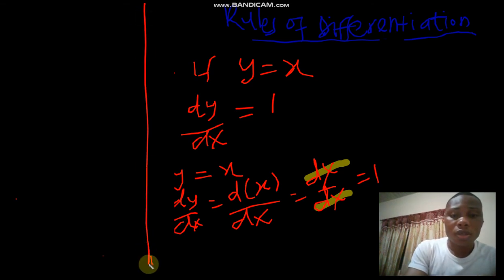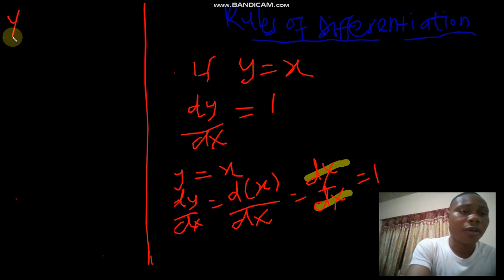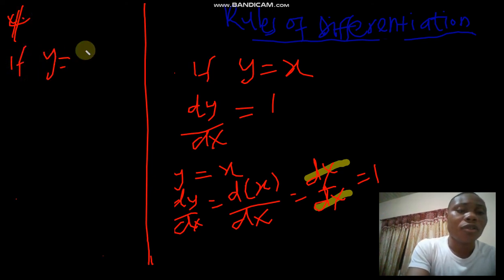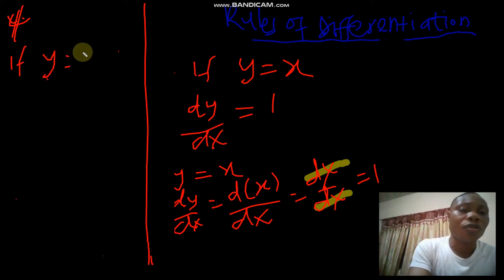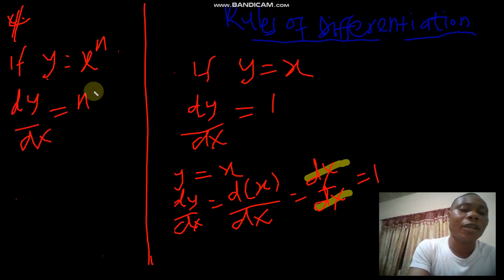So this is the fourth one, right? I might even forget the number that we have. What if I have a function y equal to a x to the power n? First of all, let me tackle a situation where I have a function, say y equal to x to the power n. So it means I have dy/dx equal to n multiplying x to the power n minus 1.